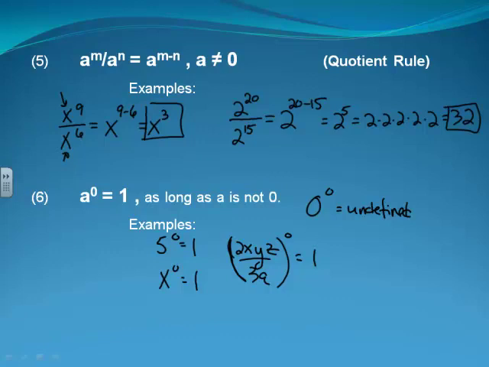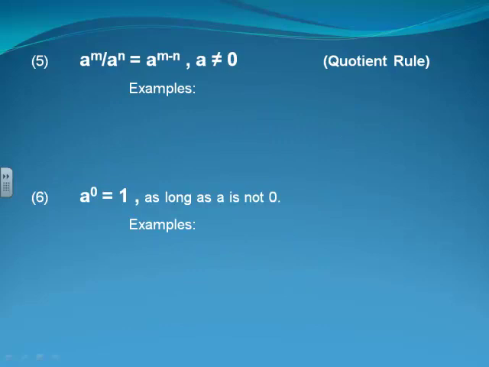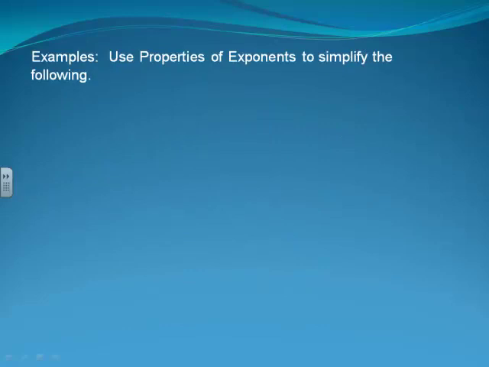All right, so let's put all of that together, all 6 of those properties, and use properties of exponents to simplify the following examples. Okay, we're going to do a series of several examples. Let's start with this example. Let's say you were asked to simplify y to the 5th times y squared.